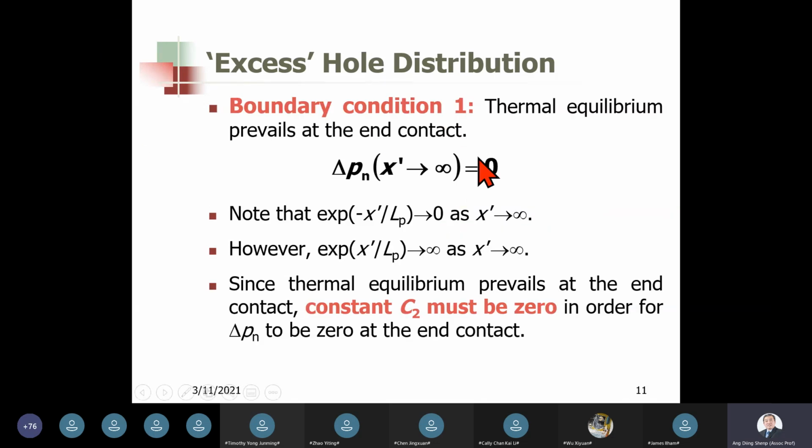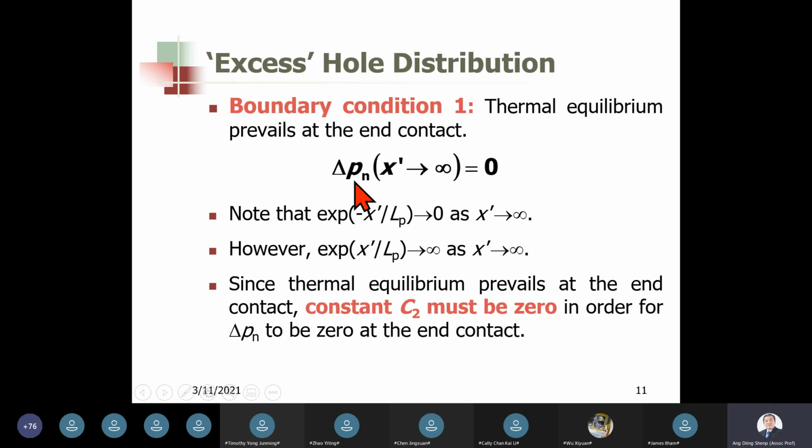So the first boundary refers to the metal contact on the n side, all right? Or in other words, when x prime tends to infinity, very far away from the edge of the depletion region relative to the minority carrier diffusion length. So since we assume that thermal equilibrium prevails at the n-end contact, therefore the excess hole concentration must be 0.